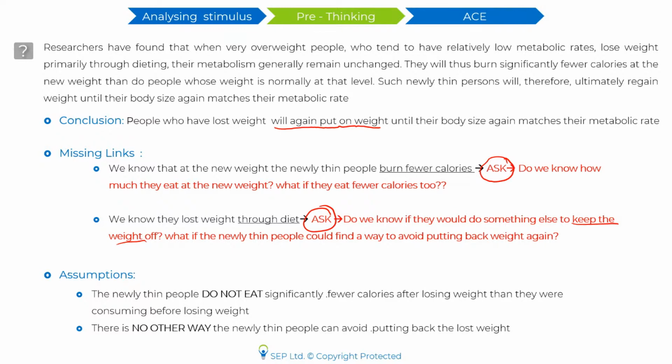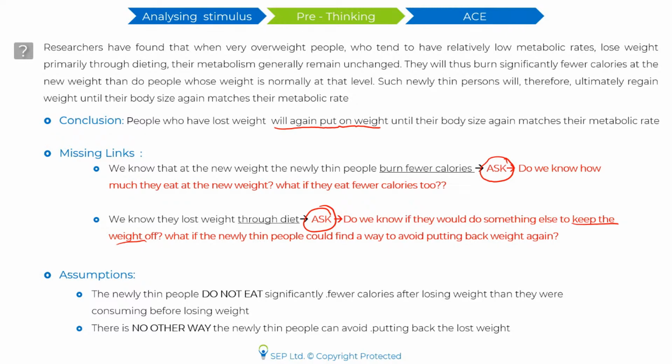The point is, newly thin people will put back weight again. So my conclusion is concerned only with newly thin people. It is not concerned with normal people. It concerns people who were very overweight, people who have newly become very thin.